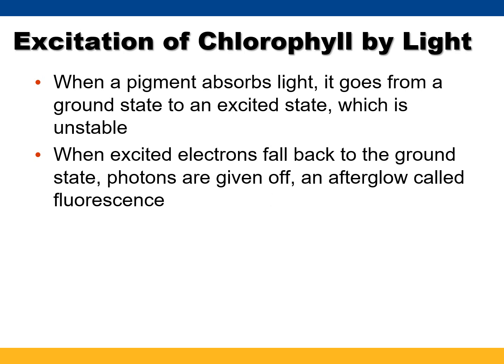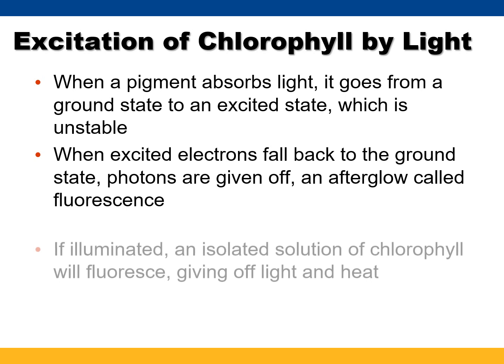You shine a light on something, you'll feel it warm up, and it's radiating heat as it's giving off that energy. But it's not only just heat. Heat's a form of electromagnetic radiation. We can also give off forms of light that we call fluorescence.